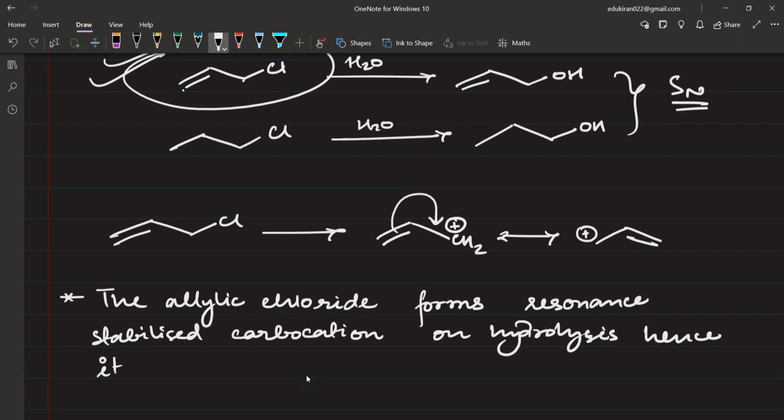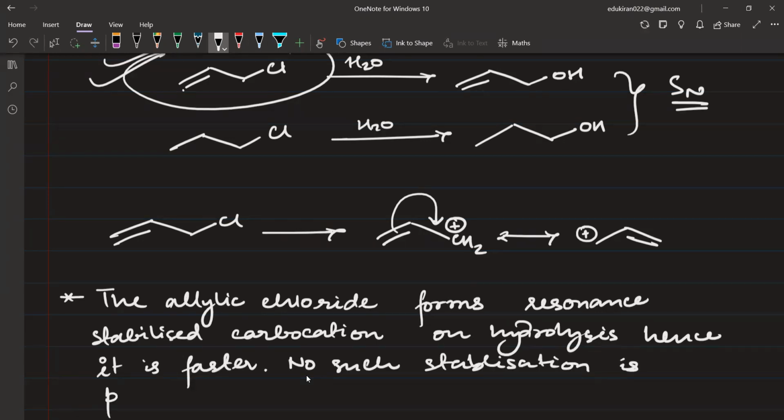Hence it is faster. No such stabilization is present in N-propyl chloride.